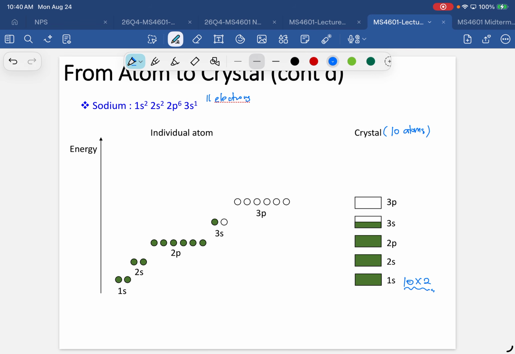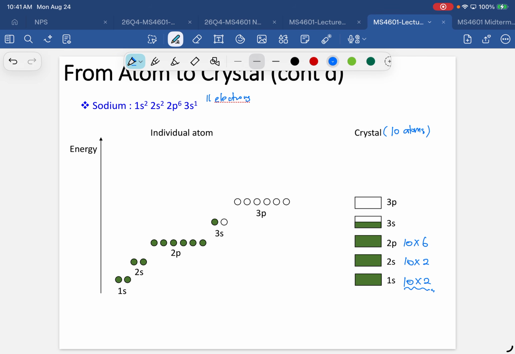When those 10 atoms are brought close enough, it gets into energy splitting and forms the band, but within that we have 20 states. Okay, 20 states. Then we can continue on that. 2s is also 20 available spaces, and for 2p we have 60 available spaces, right?